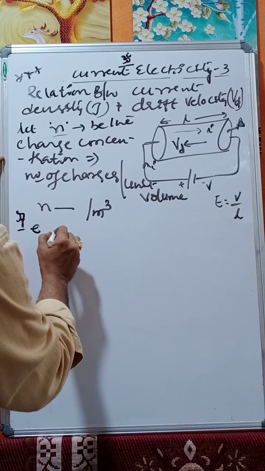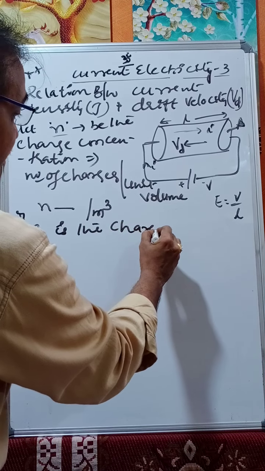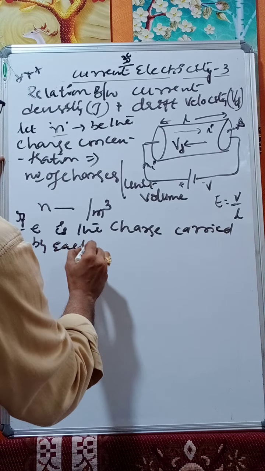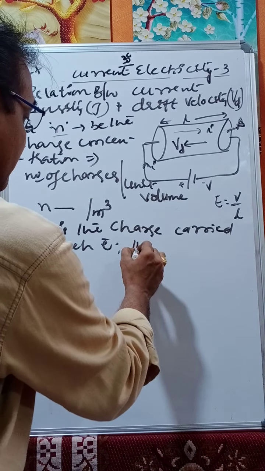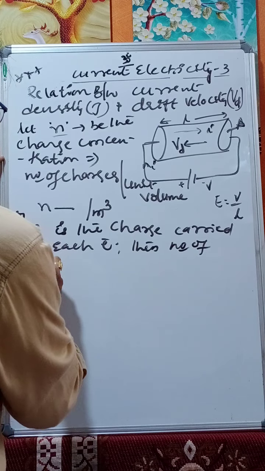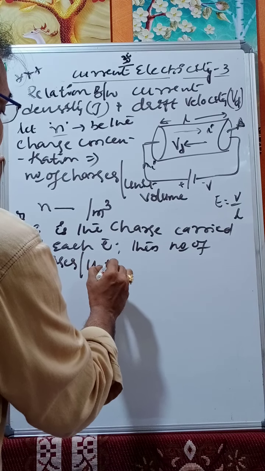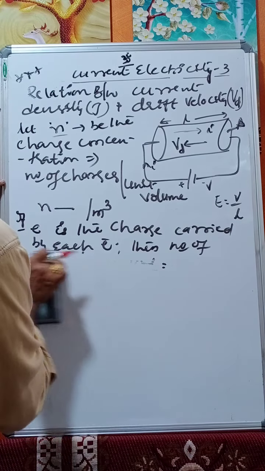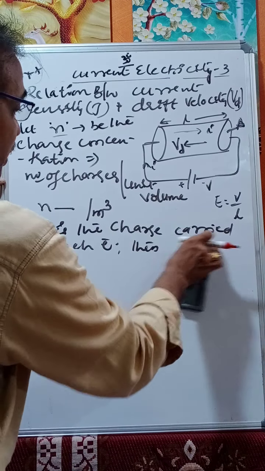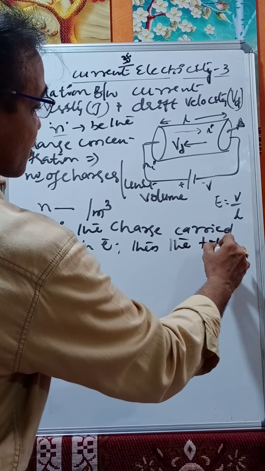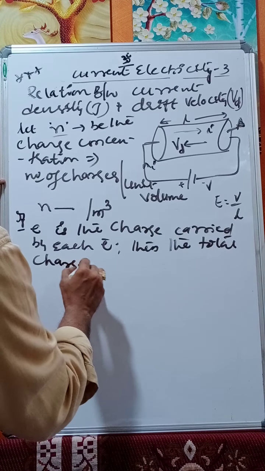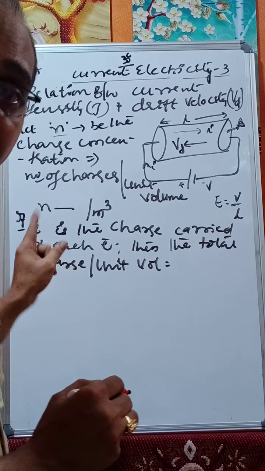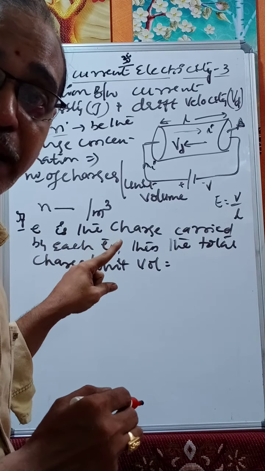If minus e is the charge carried by each electron, then the total charge per unit volume is, here N is the number of charges per unit volume and minus e is the charge carried by each carrier.